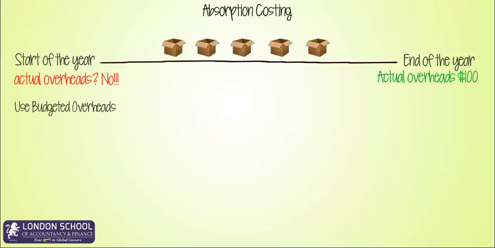So we're going to use the budgeted overhead, and let's say this time our budget was accurate and we budgeted that our overheads are going to be $100 as well. We also budgeted that we're going to produce 5 units during the year.